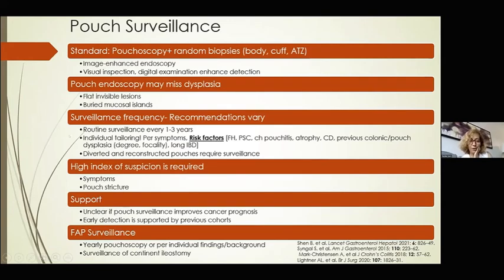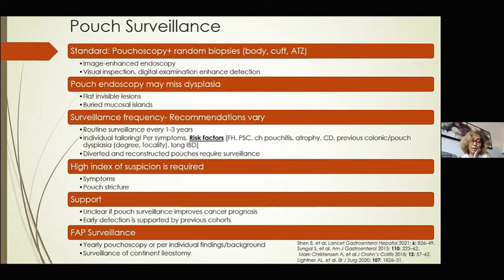Regarding surveillance frequency, the Pouch Consortium advocates for IBD patients a 1 to 3 years interval, depending on risk factors and history. Diverted and reconstructed pouches require surveillance. We advocate for FAP pouches annual surveillance.